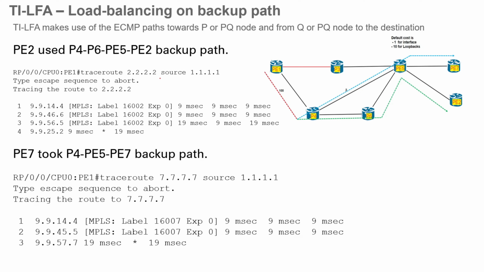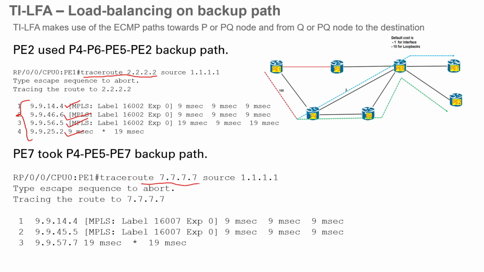So if we want to go to router 2 on the backup path, this is how it is taking: R4, R1, P1 to P4, P4 to P6, P6 to P5, and then destination.